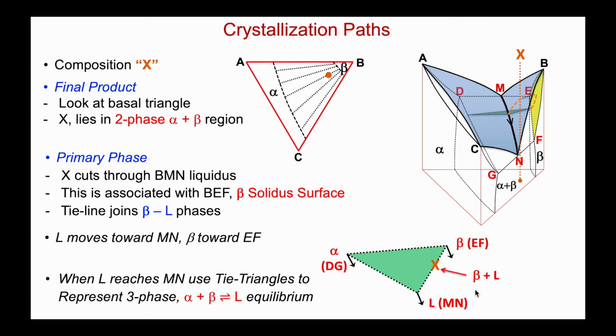When the liquid first reaches Mn, I have a two-phase coexistence of beta and liquid, but now the composition of the liquid is moving down in temperature, down Mn. The composition of beta is moving down EF. Alpha is forming, and as I keep cooling, its composition will move down DG. And so if you can imagine this tie triangle moving down, X is going to shift into the tie triangle. Let's take a look at that.